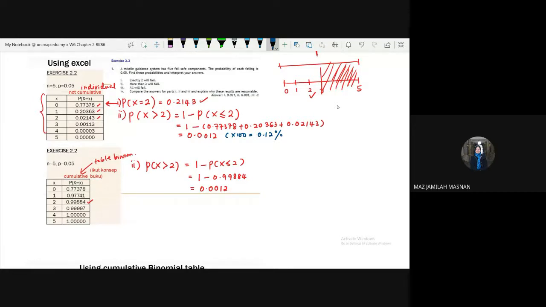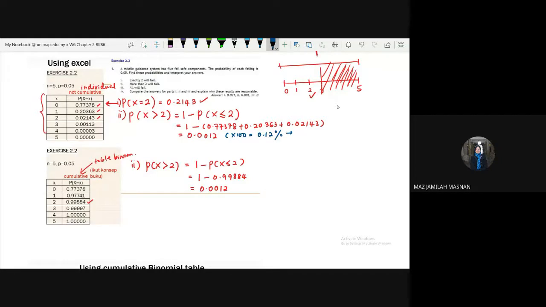Basically there are two ways you can interpret the probability. The first one is in terms of chance. You can interpret how much the chance is for that particular event to occur, or whether you are going to use likely, unlikely, impossible, or possible. You can use different terms to interpret your probability value.